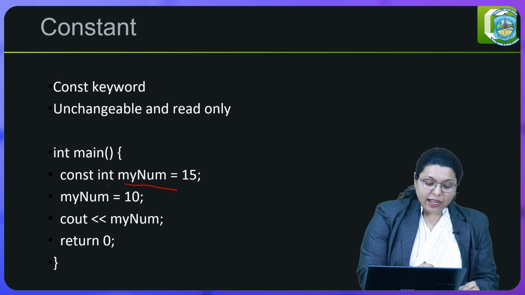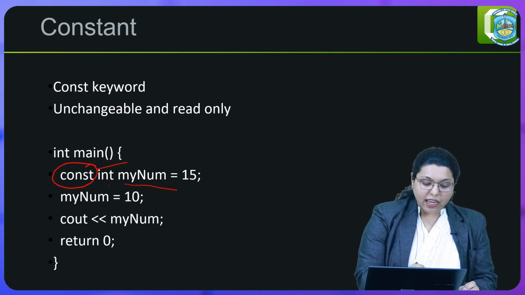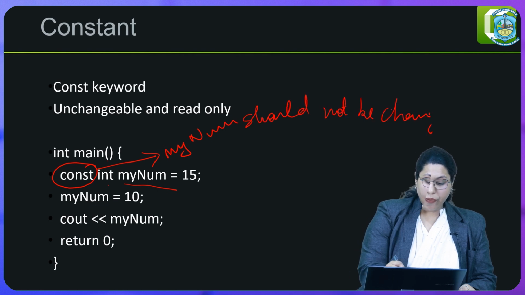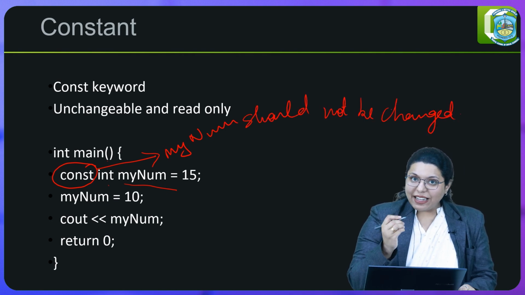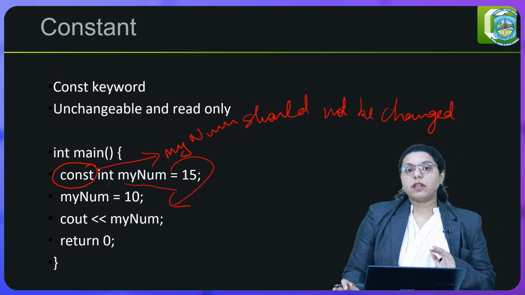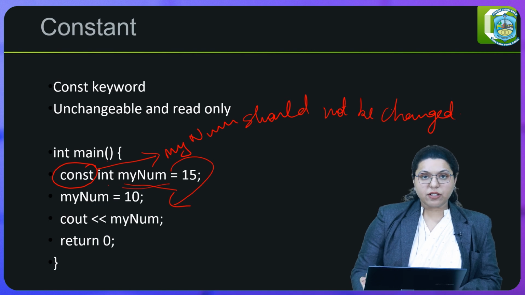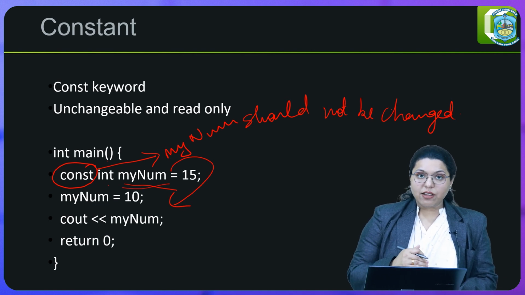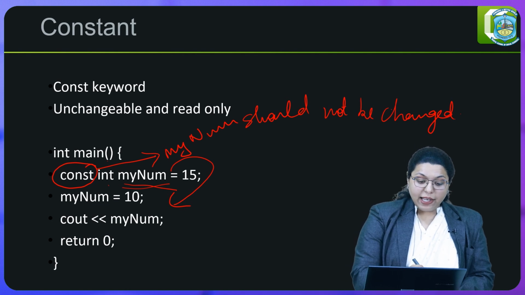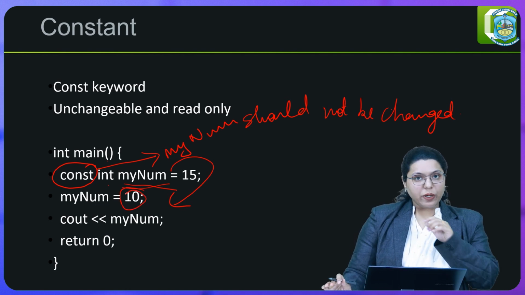Now, when I am writing a constant variable over here, that means the value of myNum should not be changed. Earlier in the previous program, we saw that myNum was written as 15 and then again I was overwriting the variable and writing it as myNum is equal to 10. The value of myNum was altered over here.